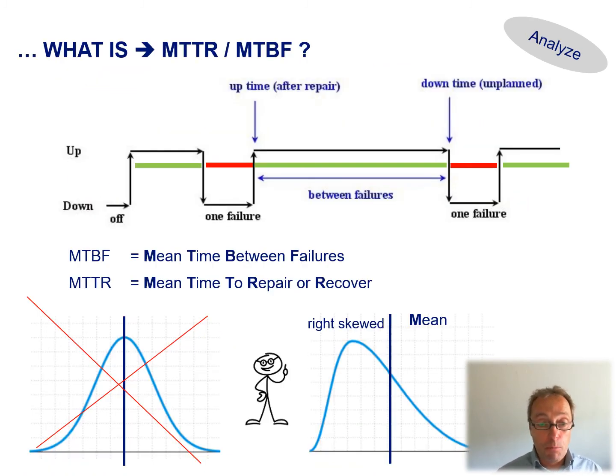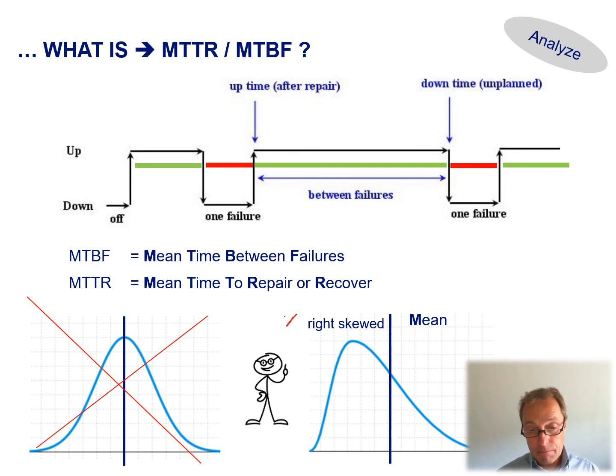So, by the way, where we are just speaking about normal and standard deviation, we are also quite often speaking about mean time to recover and mean time between failure. And here I would like to point out that we do not have a normal standard deviation. We have curves like we see here.